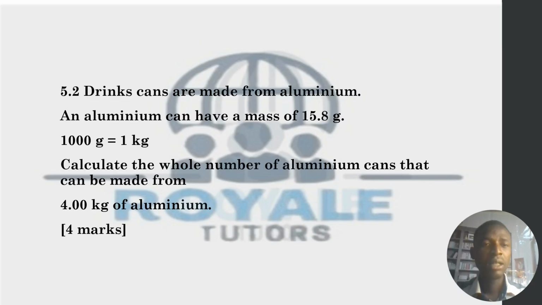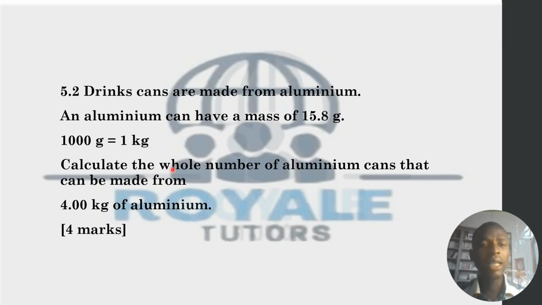Now this is question 5.2 of that year, and the question says drinks cans are made from aluminium, and aluminium has a mass of about 1.8 grams. 1,000 grams is what makes 1 kilogram.